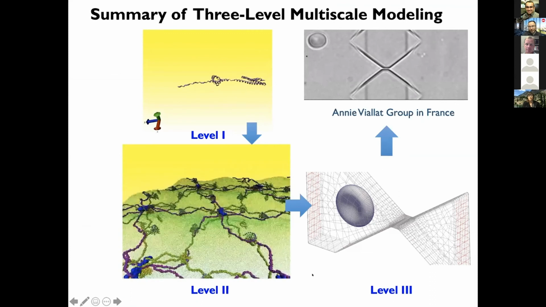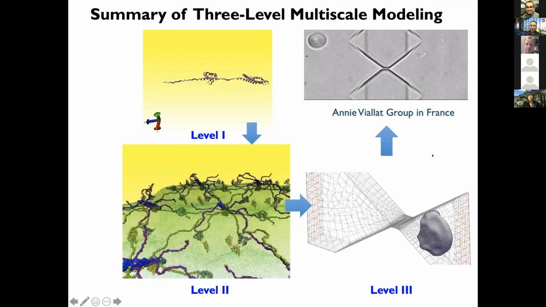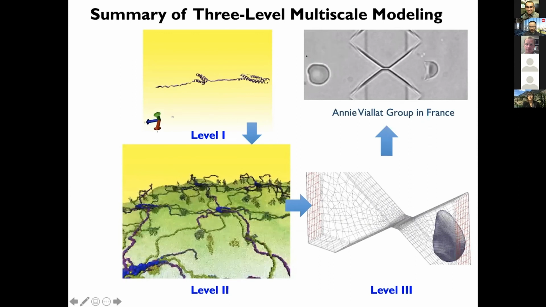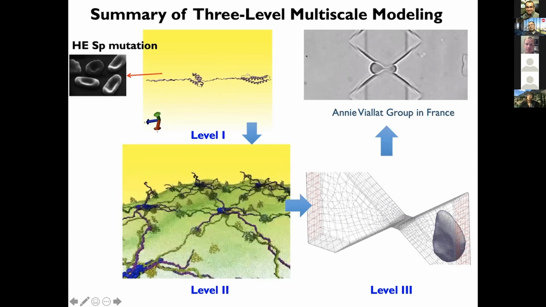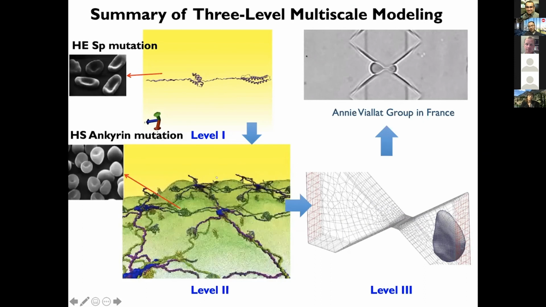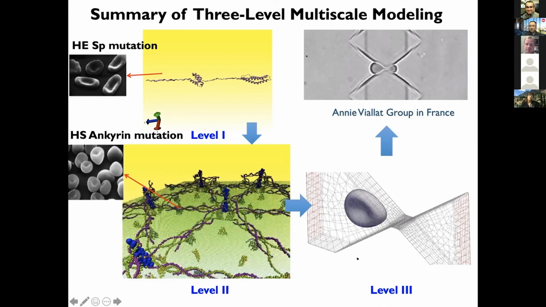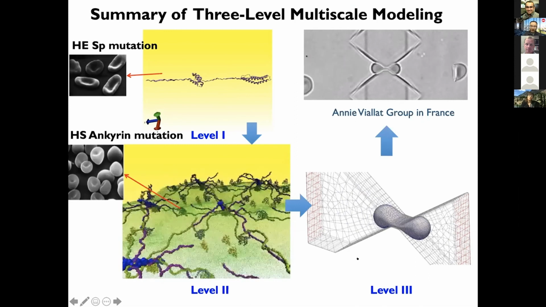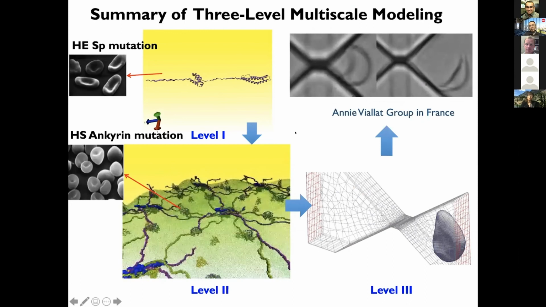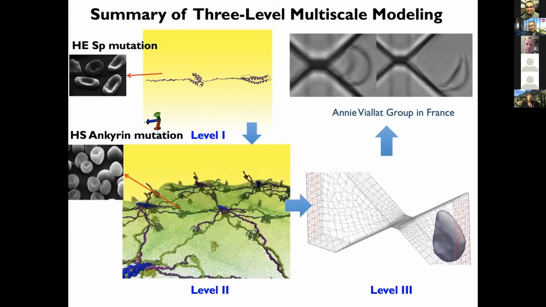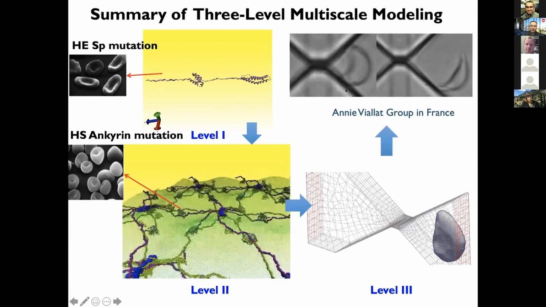By simulating this, we can also simulate the whole cell in the fluid channel, then compare with the experiment. Because in reality, a single mutation happens for this protein, which causes this rearrangement of the cytoskeleton, which then changes the cell behavior in the spleen. That is, I think, a good example showing how we can use modeling starting from the protein, the atoms, to understand the whole cell behaviors.